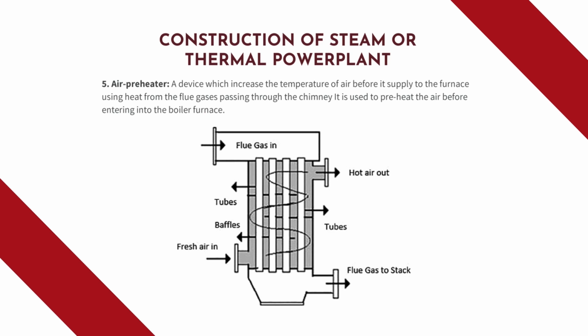Various tubes are there, and fresh air is supposed to be heated using these flue gases. This heated air is supplied to the boiler so that we can save energy and ultimately increase the efficiency of the power plant.